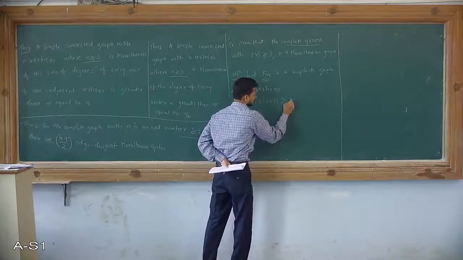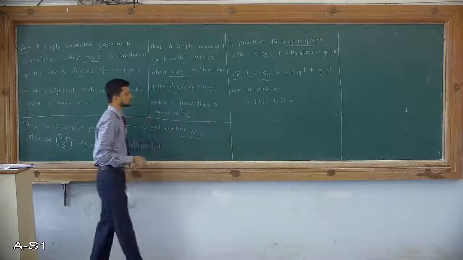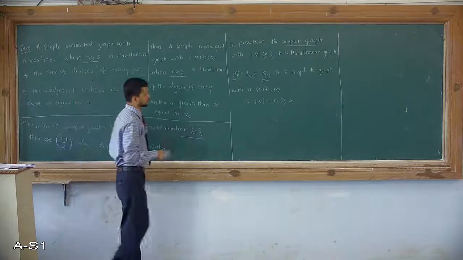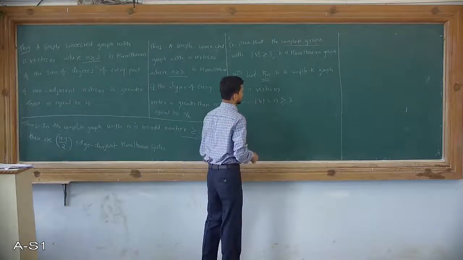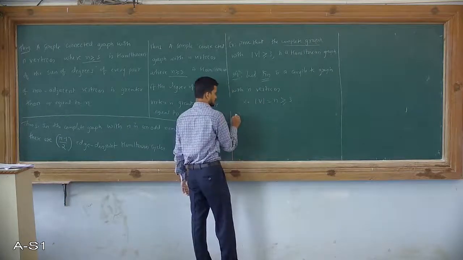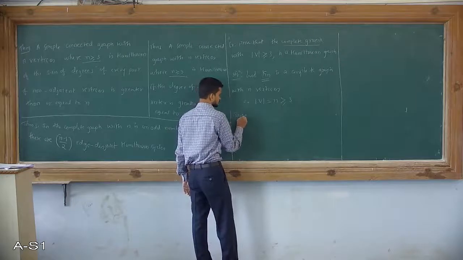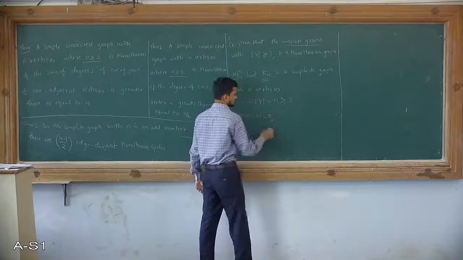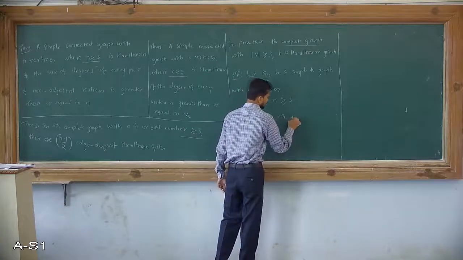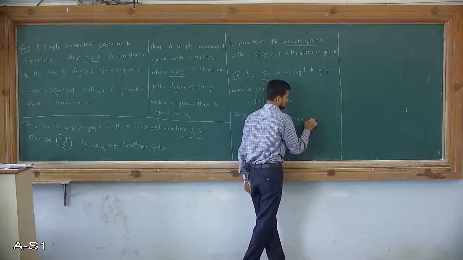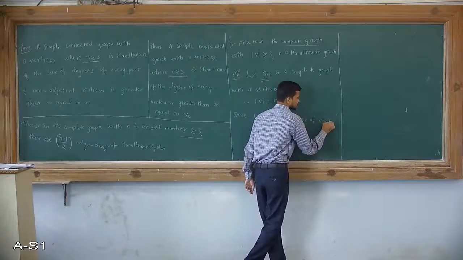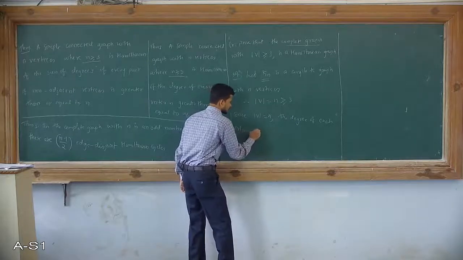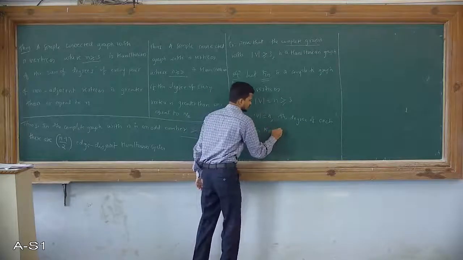What is the given data? n is greater than or equal to 3. What are the properties of a complete graph? The property I am using is this: since the cardinality of V is equal to n, the degree of each vertex in the complete graph Kn is n minus 1.